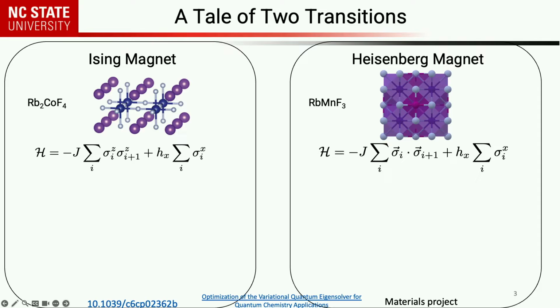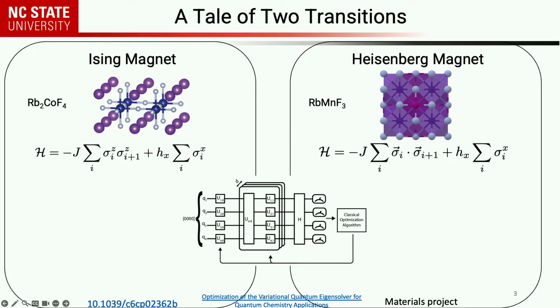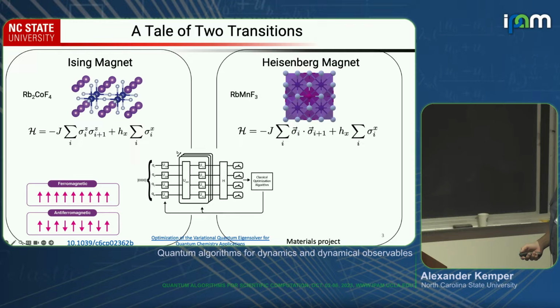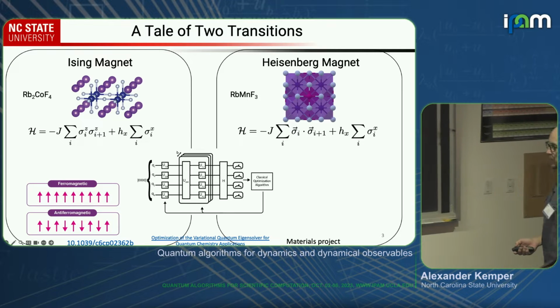Okay. So now if you come from, say, quantum machine learning or variational quantum algorithms, one of your tasks might be to prepare the ground state for these models. So you pick your favorite thing. You maybe do some kind of classical optimization algorithm, and then what you find for Ising, you might find these things, ferromagnet or antiferromagnet.